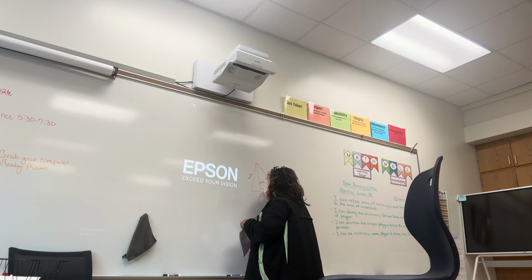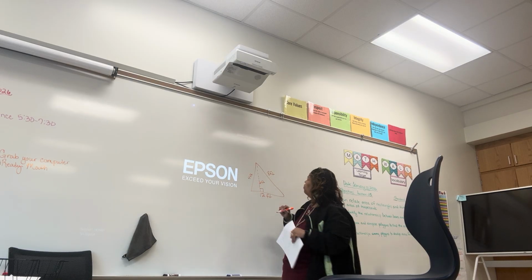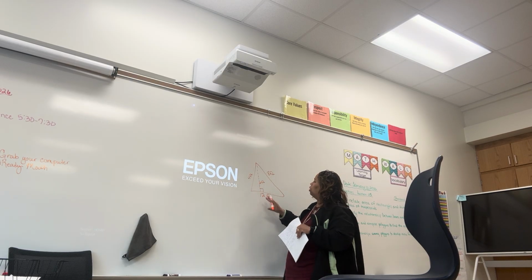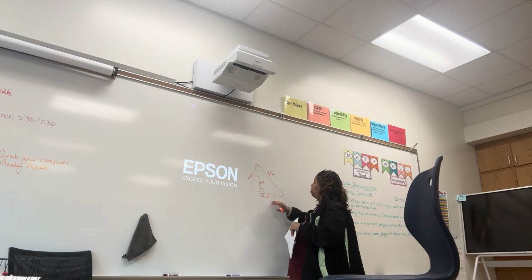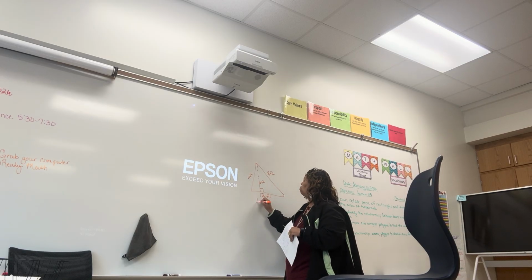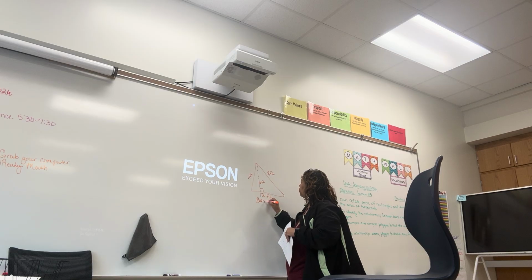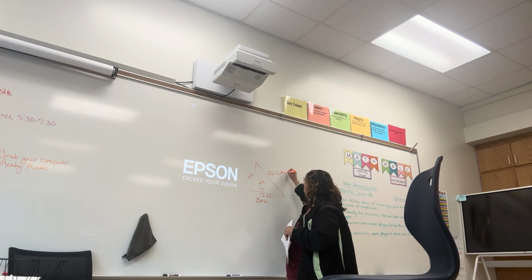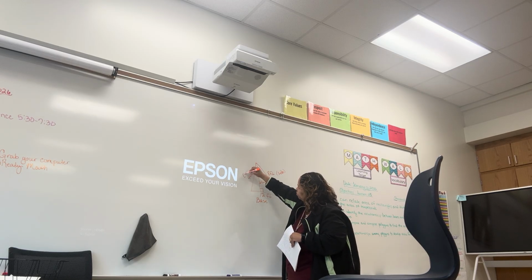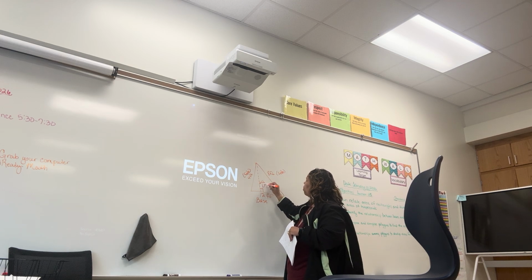I have labeled my triangle with the different sizes. This long side here at the bottom is called my base. Then I have one side that is 8 feet, and another side that is 4 feet, and then I have my height.